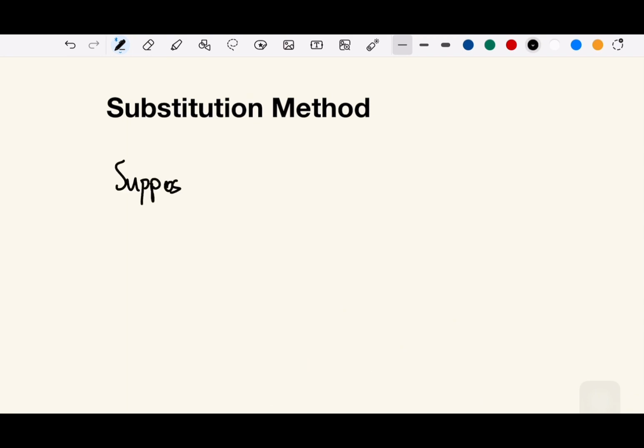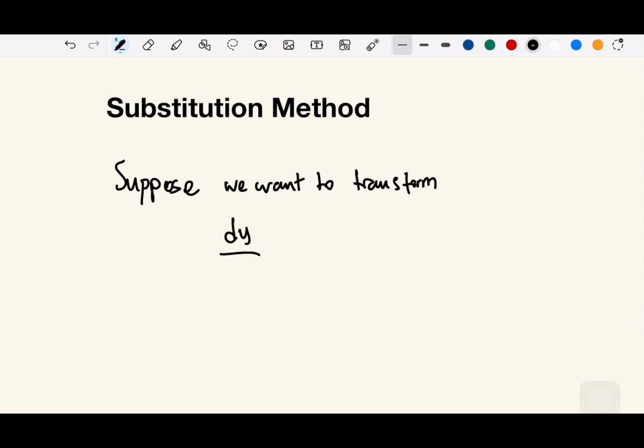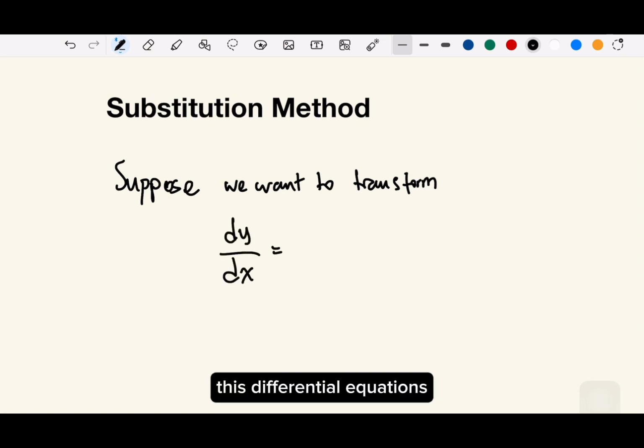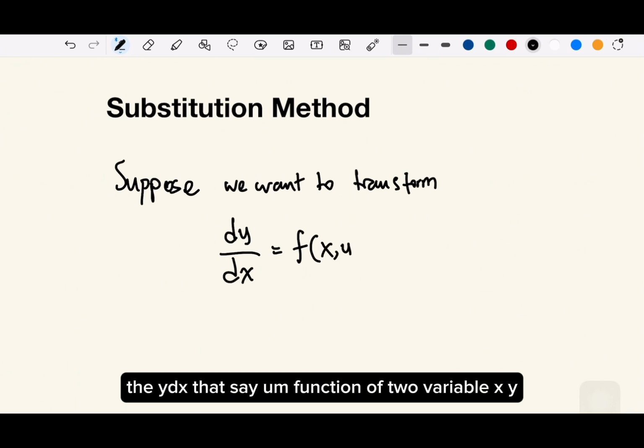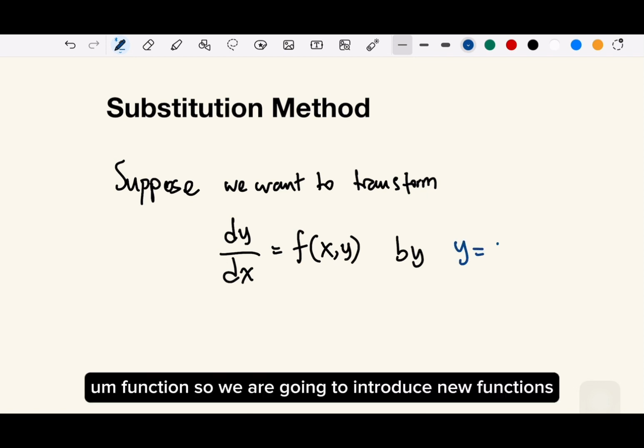Suppose we want to transform this differential equation, dy/dx equals some function f of the two variables x and y, with some other function.